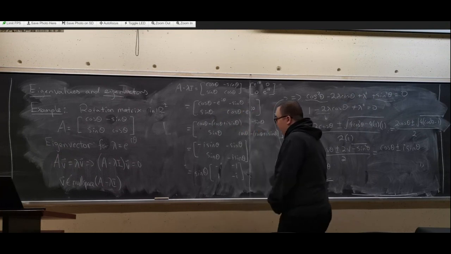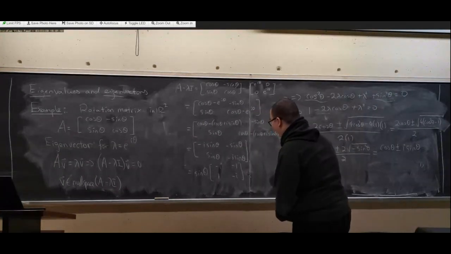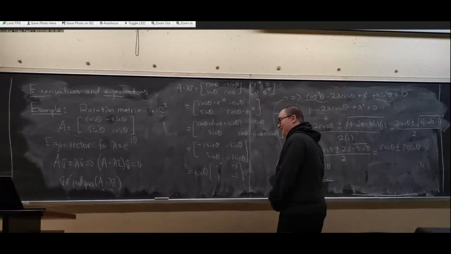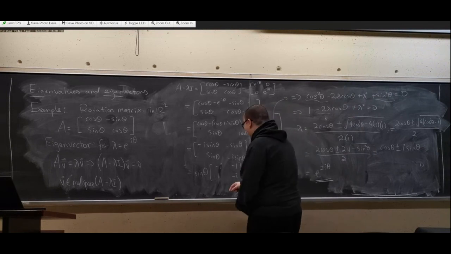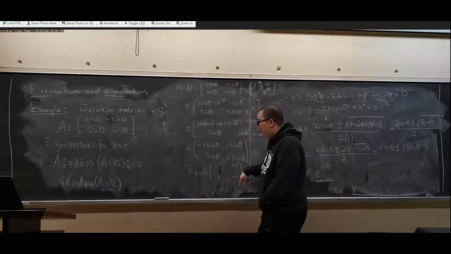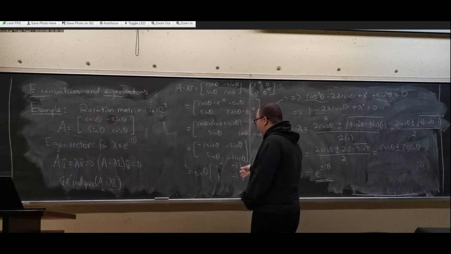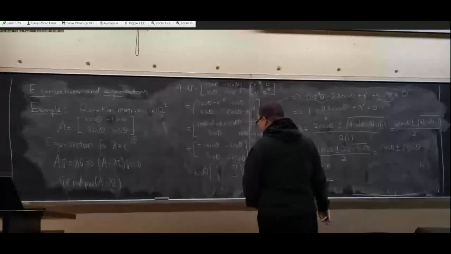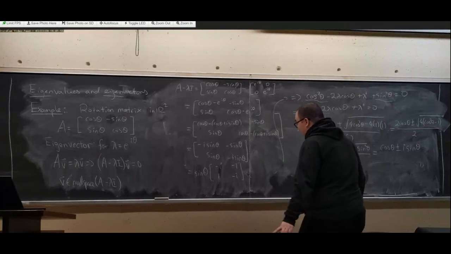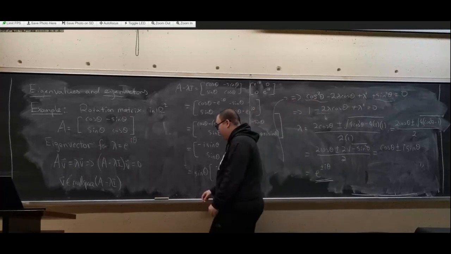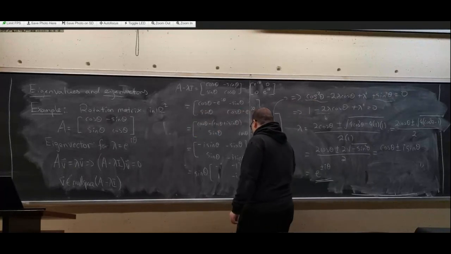We're looking at the null space of this, so we should do row operations on this. So what is this equivalent to?